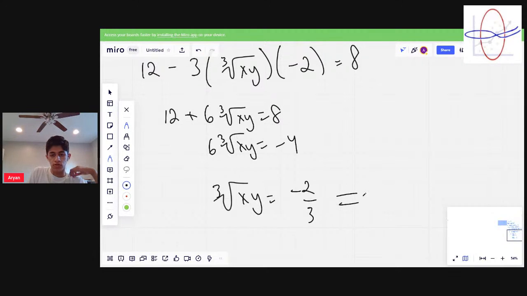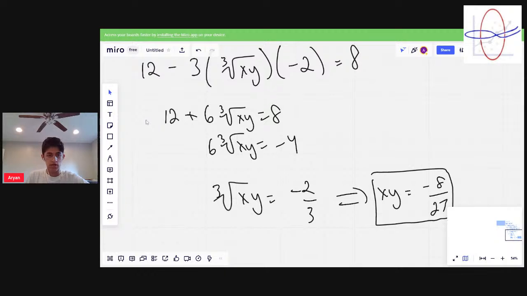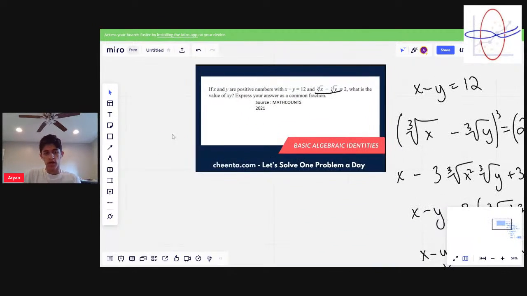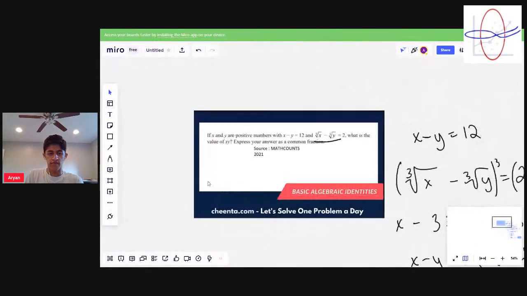And now if I cube both sides, what do you get? You get xy equals negative 8 over 27. And so we find that this is our final answer. If we go back to the question, they asked for xy as a common fraction, so we get negative 8 over 27.